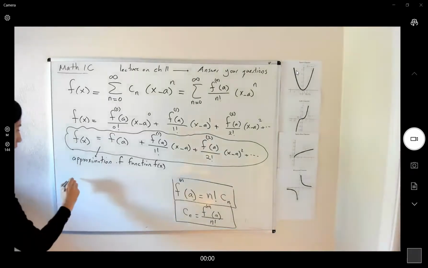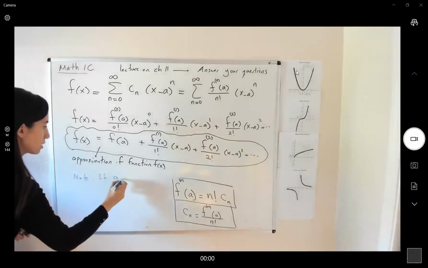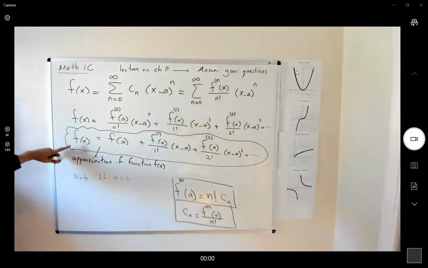Note that if a is equal to 0, then we say that we have a Taylor series.